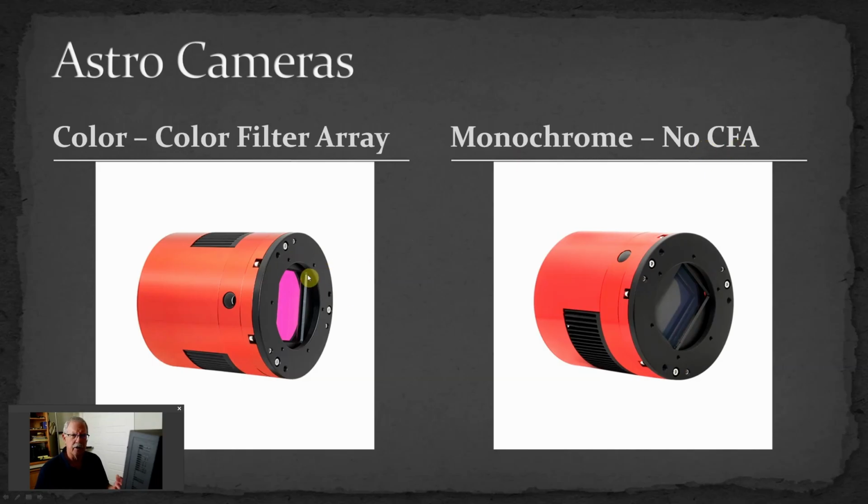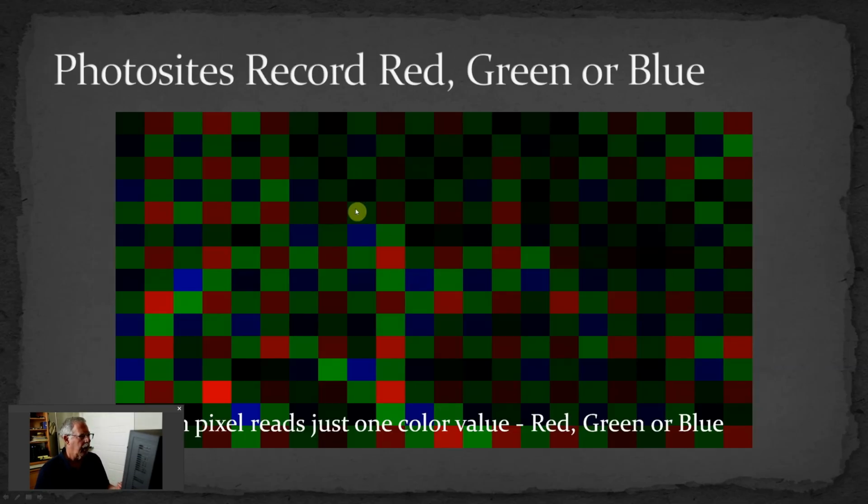Now, what that color filter array looks like, and it's usually arranged in what's called a Bayer matrix. Each photosite has a filter in front of it so that it will pick up only one of the three colors. So each pixel on the camera will read just red light, just green light, or just blue light.